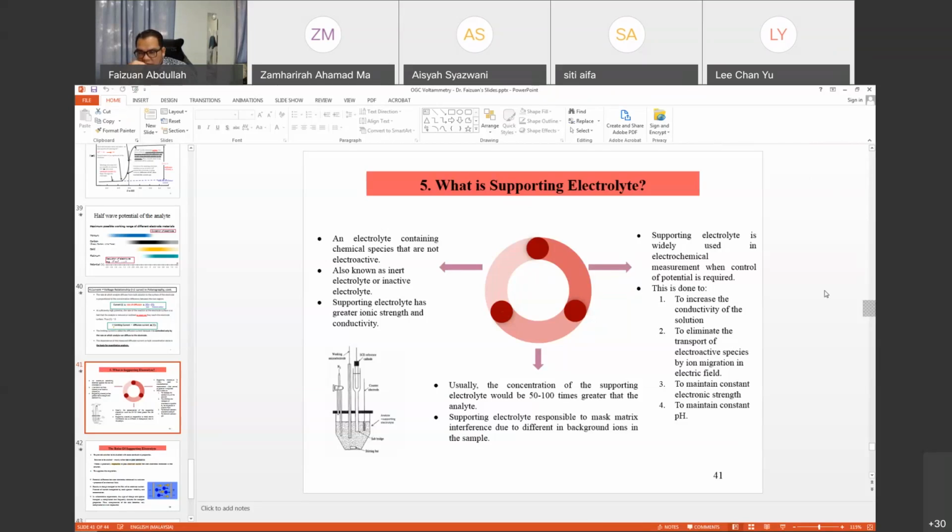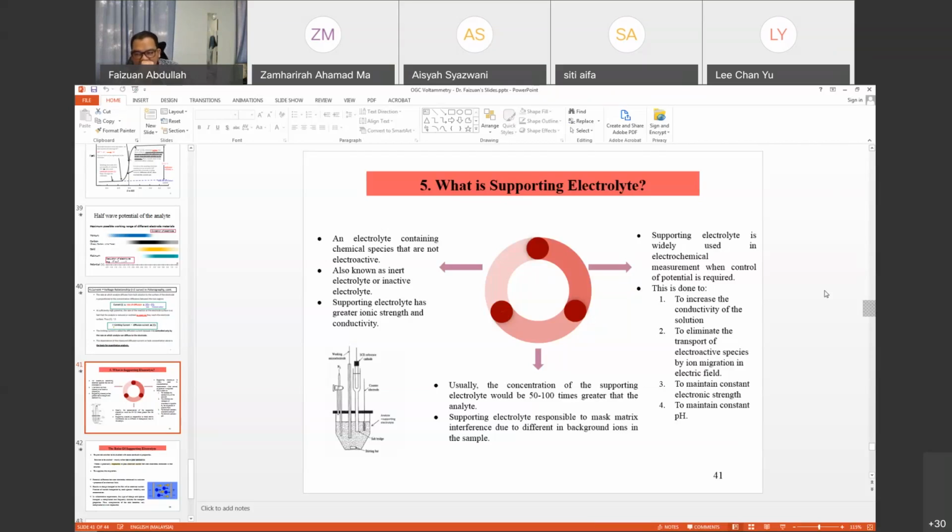Kita akan guna analyte yang sama. Tak, sekarang ni kita cakap pasal supporting electrolyte kan? Okay. Kalau conductivity kita tahulah.